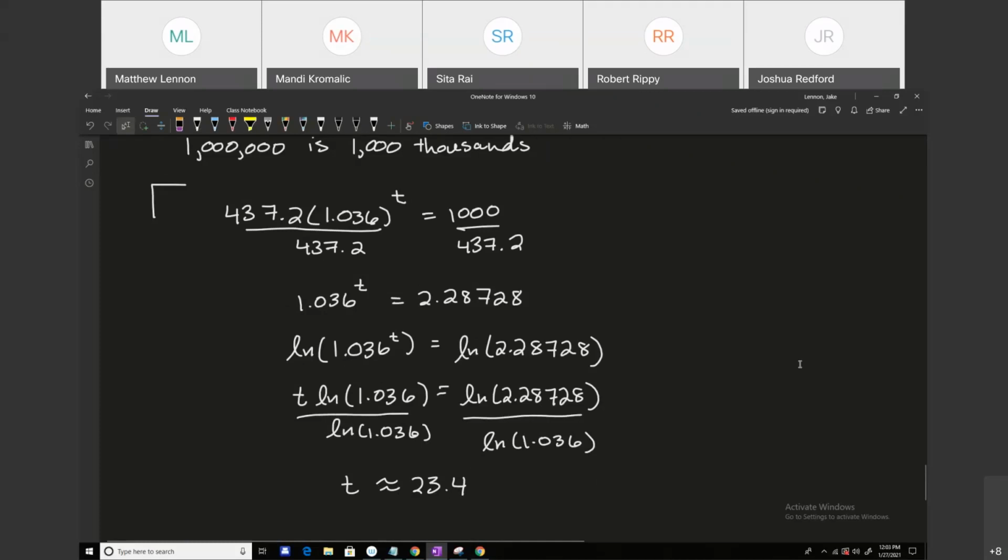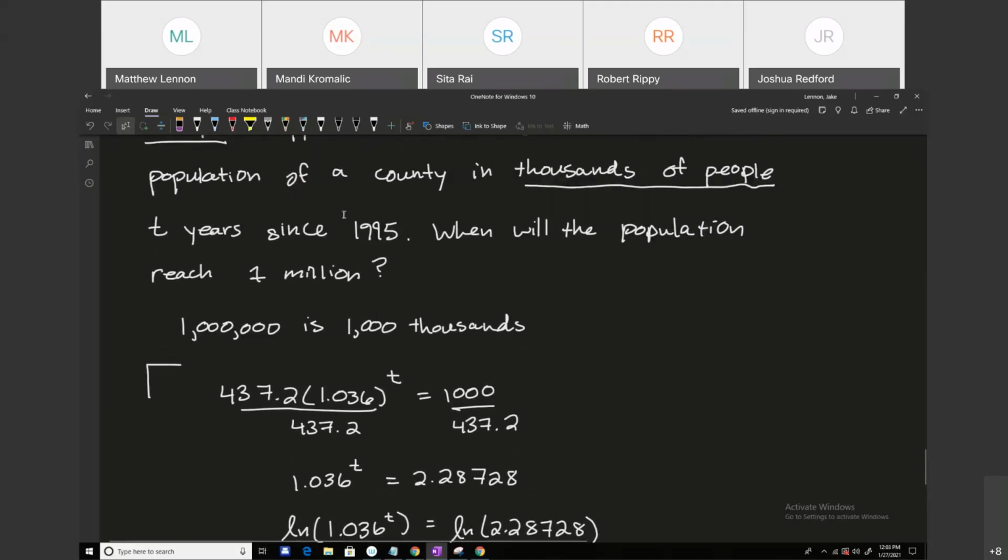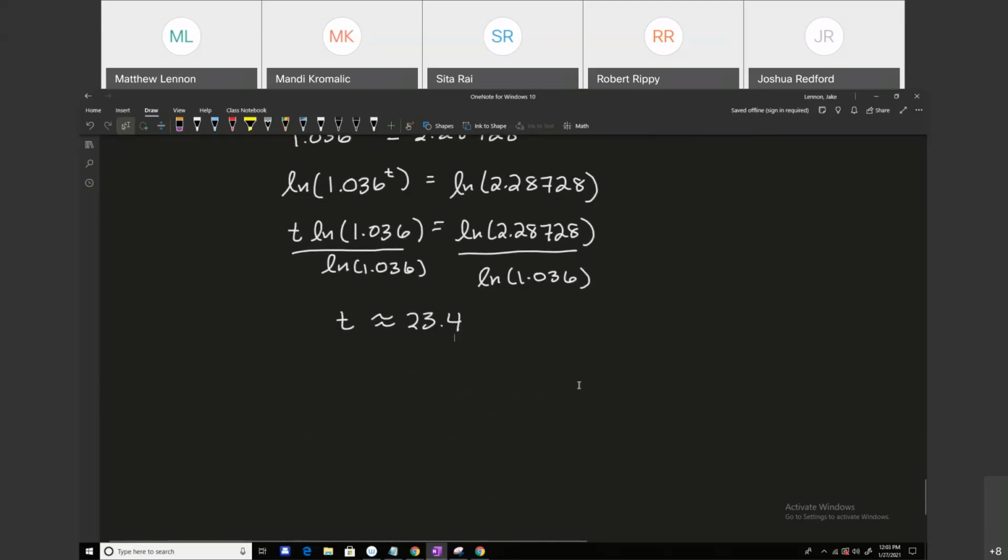Let's again think about the original variables. So we know the answer is 23.4 when we put it in, but they're asking when will the population reach 1 million? Notice t is years since 1995. So let's say 1995 plus 23 would be 2018, and 1995 plus 24 would be 2019.